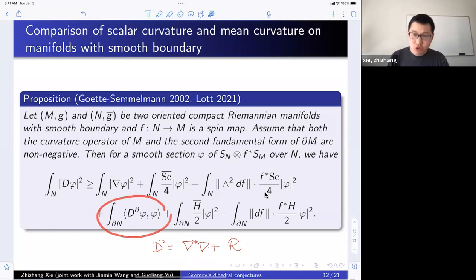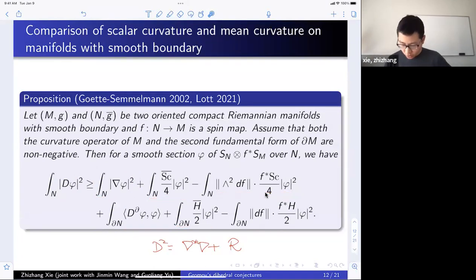So this term eventually will go away once we impose a natural boundary condition. Right now it appears because of Stokes theorem, but it will go away because we're going to study the Dirac operator with a boundary condition. So what really comes down to it is this non-negative term here, and the comparison of scalar curvature and of mean curvature.